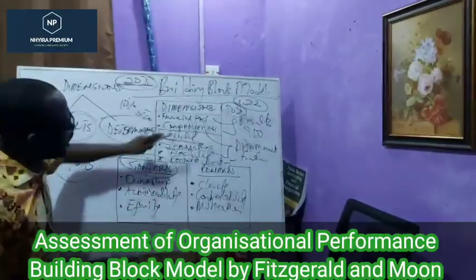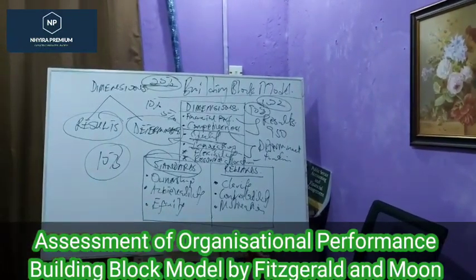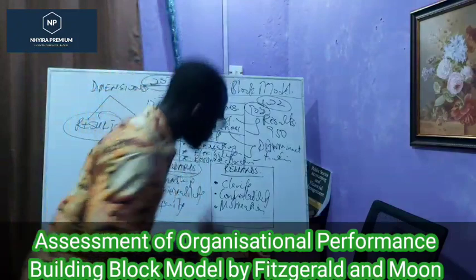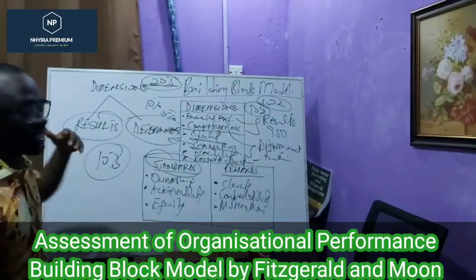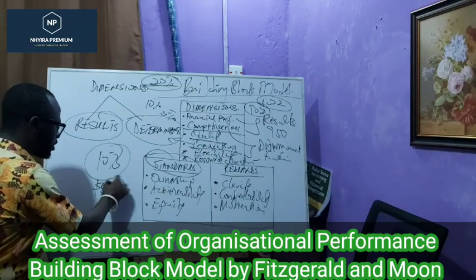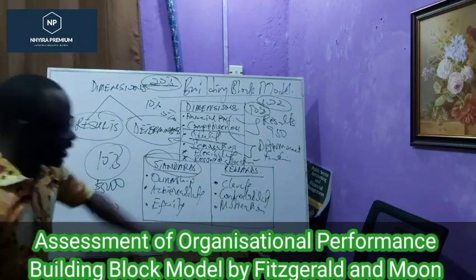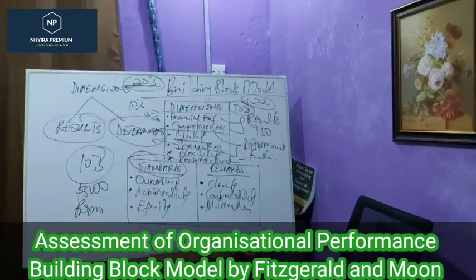All right, Nhyira, when you increase sales by 10%, you are going to be receiving maybe $5,000, or you are going to be promoted. What does that mean? There is clarity.